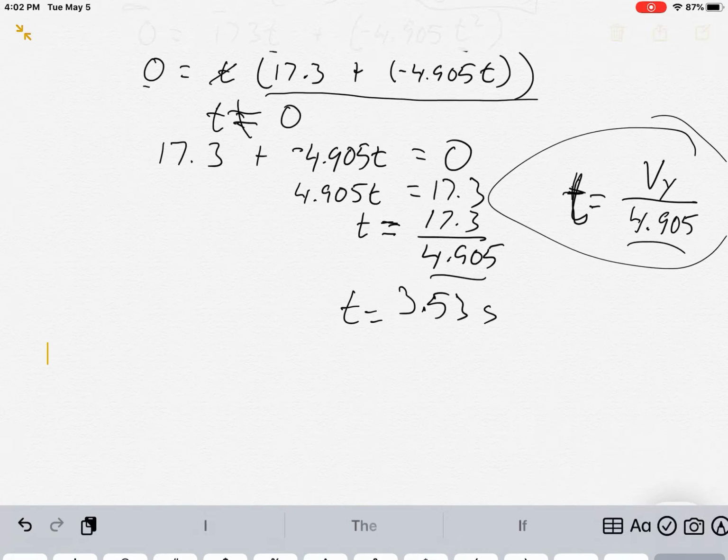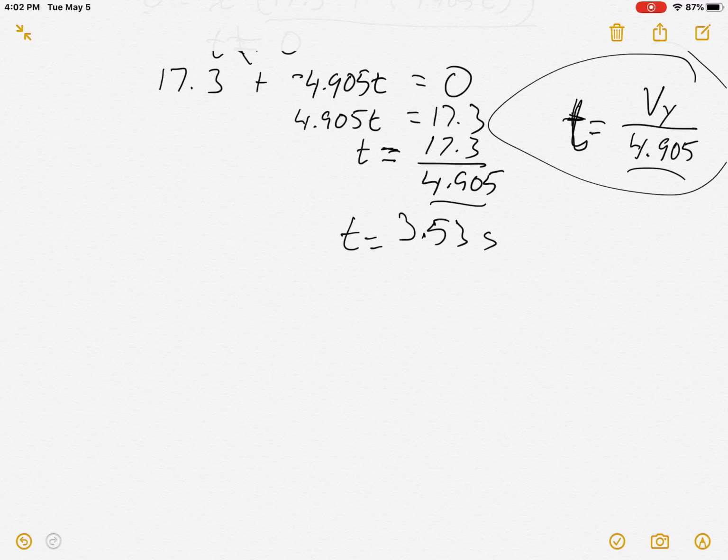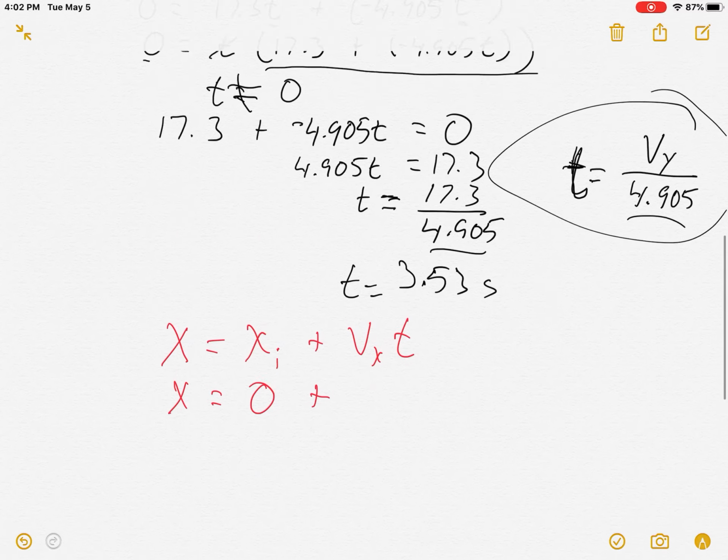So I'm going to change color here to show that we're doing the horizontal here. Now x, whatever x position we're at, is equal to wherever we started, x initial, plus vx times t. Like we said with the vertical, the horizontal starting position is just 0, right? Unless we're told otherwise, we just assume that is 0.